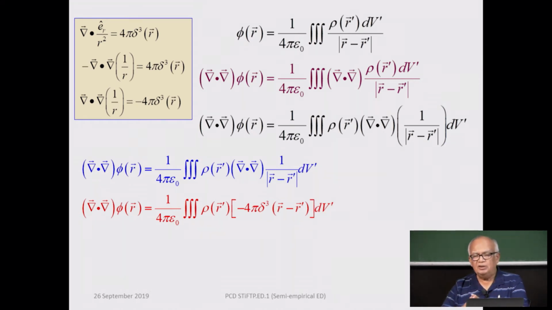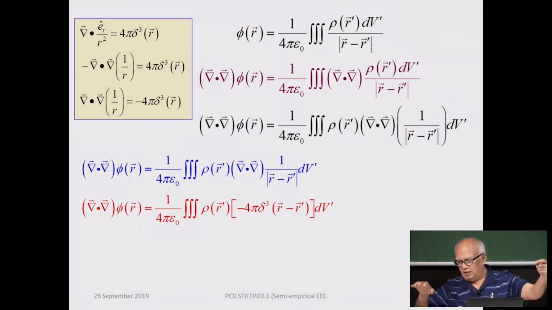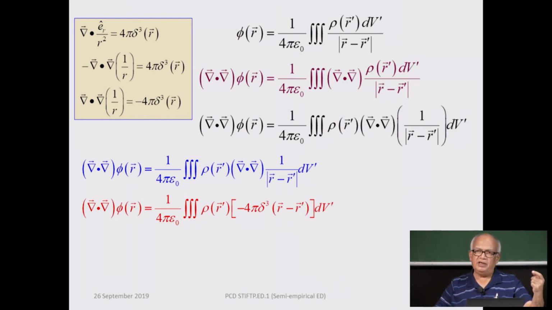The integration is over the source region. So I can move the source anywhere and think of the influence at the same point, or I can keep the source fixed and move the field points. So these two are completely independent operations. Differentiation with respect to the field point and integration with respect to the source point are completely independent.